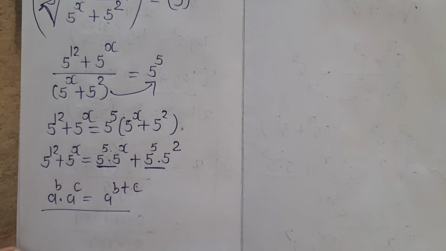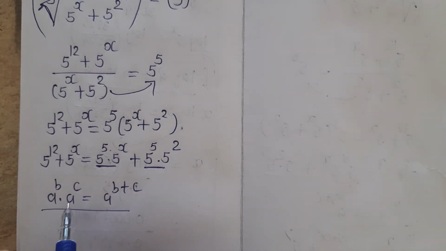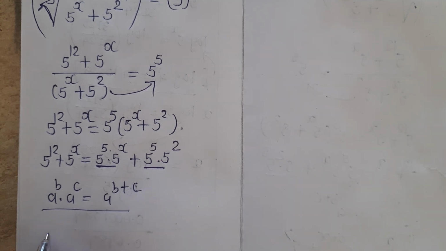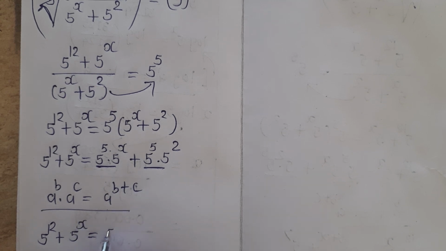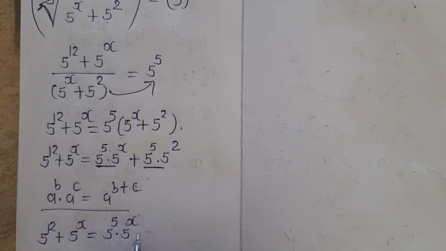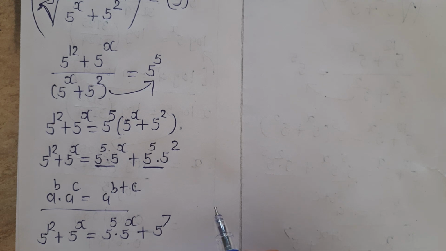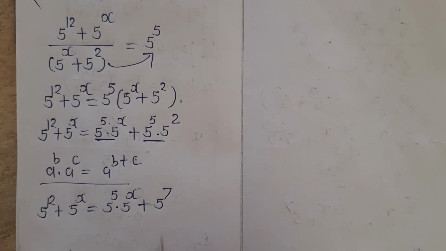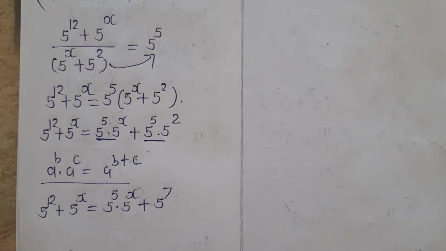For the time being we will apply this formula on this part only. So 5 raised to 12 power plus 5 raised to x power is equal to 5 raised to 5 into 5 raised to x plus, here it will become 5 raised to 7 because this power will get added. So 5 plus 2 is equal to 7 now.